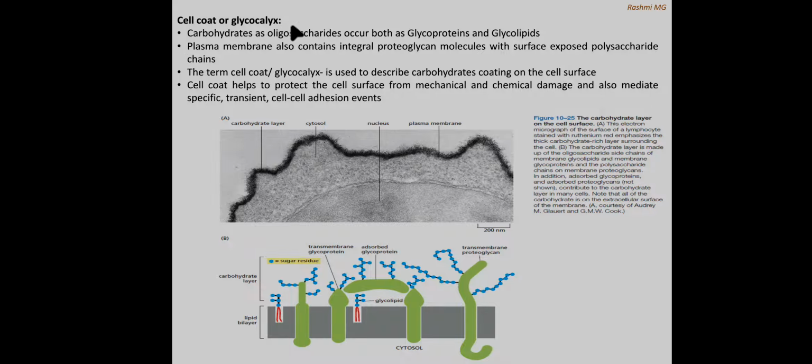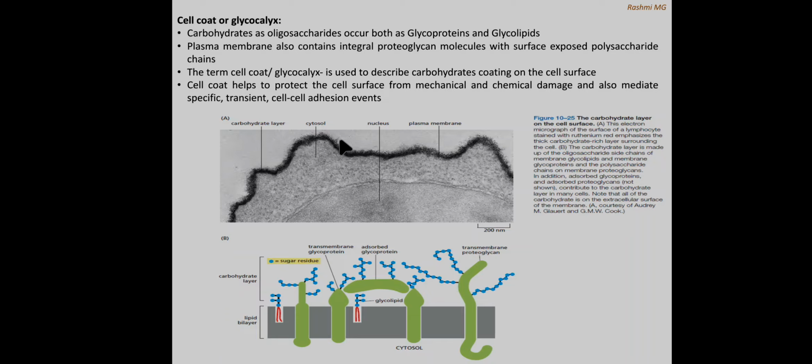Cell coat or glycocalyx. Have you ever heard about this cell coat or glycocalyx? Especially you have heard in bacteria. So carbohydrates as oligosaccharides occur both as glycoproteins and glycolipids. The plasma membrane also contains integral proteoglycan molecules with surface-exposed polysaccharide chains. The term cell coat or glycocalyx is used to describe the carbohydrate coating on the cell surface.